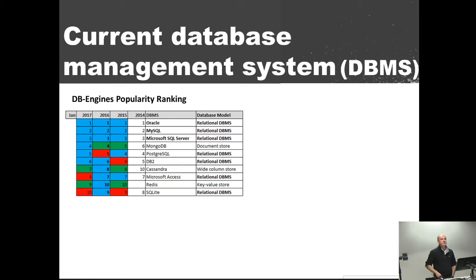Another thing which is interesting is that SQL is again quite present. There is some SQL flavor in number 2, in number 3, in number 5, and in number 10. So it looks like SQL is also something quite important in the world of databases.